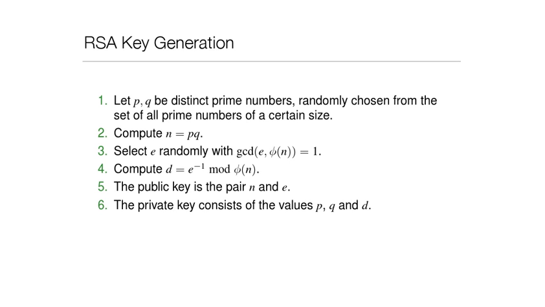But once N is known, it is hard to factorize it into P and Q. So you can understand N is public, but P and Q are secret. So factorizing N into P and Q is the core part of the security of this crypto system.